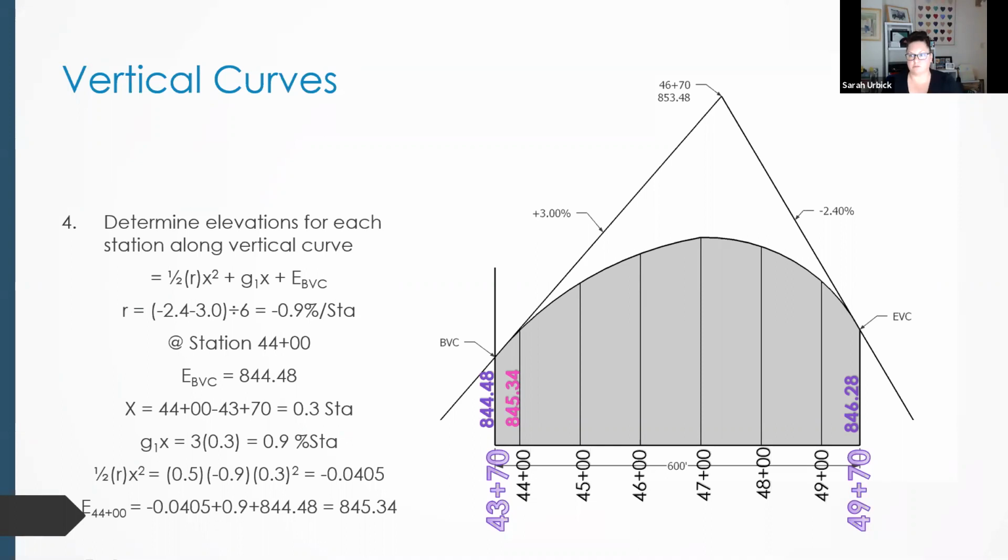Subtract our 3% grade, divide by 6 stations, 600 feet, gives us actually a decrease, and this sounds weird, it's a decrease of 0.9% per station. So for every 100 feet we travel horizontally, our grade decreases 0.9%.